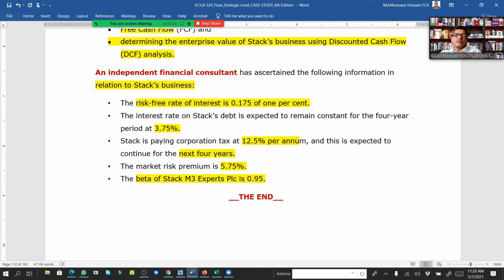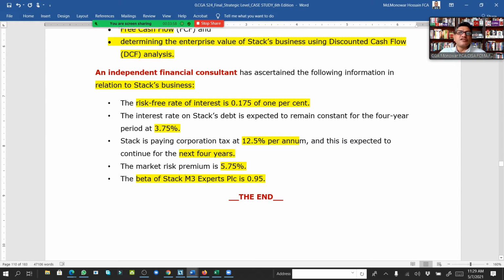Or we can say another way, the market is taking a loss, but the instrument is not losing its value. So beta can be this type of beta.